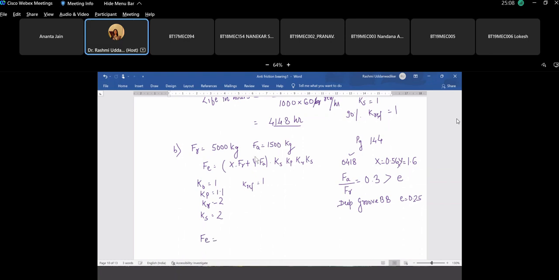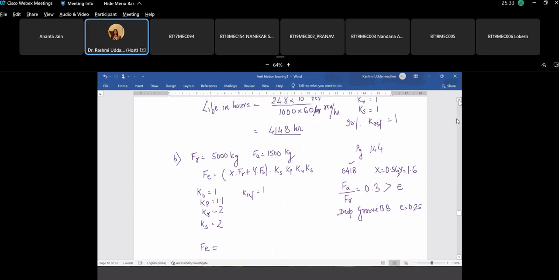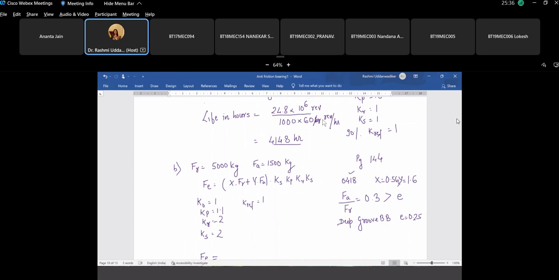Give me Fe. Everything is known: X, Y, Fr, Fa, and likewise all these factors are also known. Give me the value of Fe. For getting the life in hours, we have life in revolutions and we have number of revolutions per hour. RPM is given as 1000, which means in 1 hour it will go 60,000 revolutions.